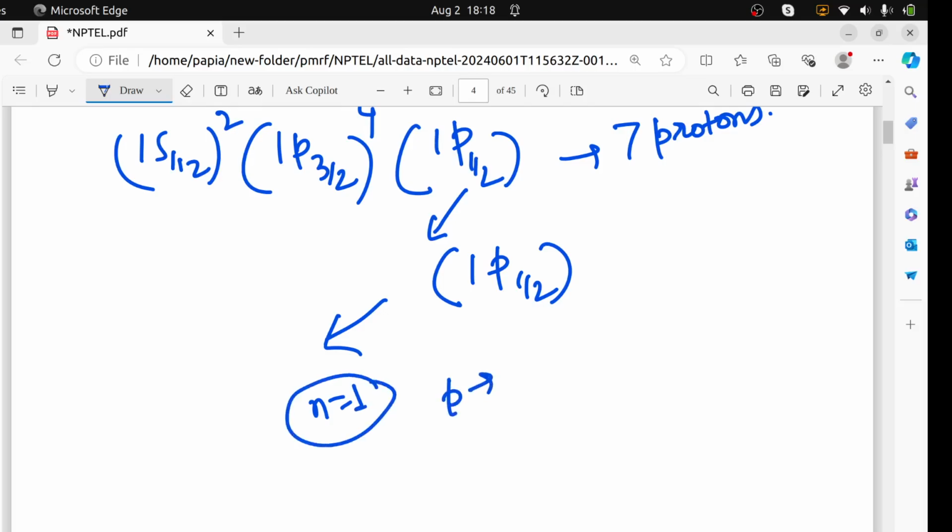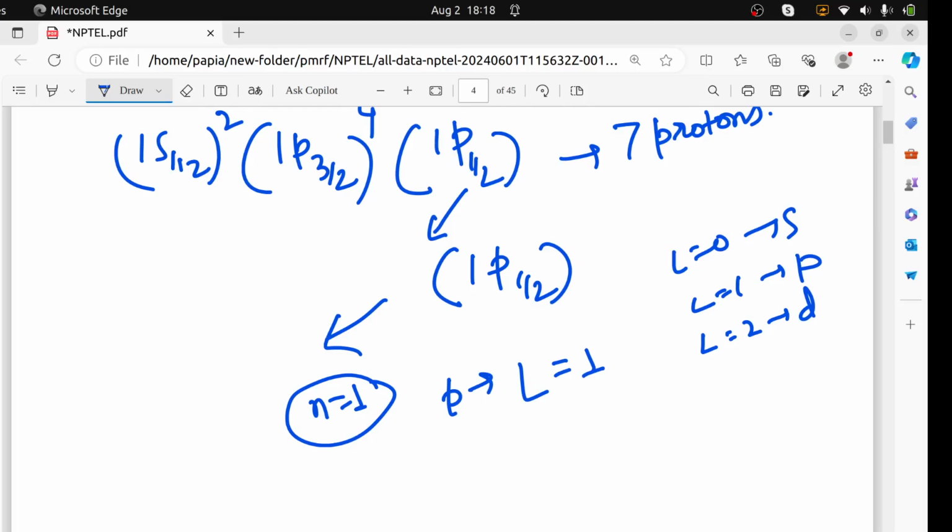P means our L, that means orbital angular momentum, that is equal to 1, because L was 0 means S, L was 1 means P, L was 2 means D, like that. So if it is the P state, L will be 1.